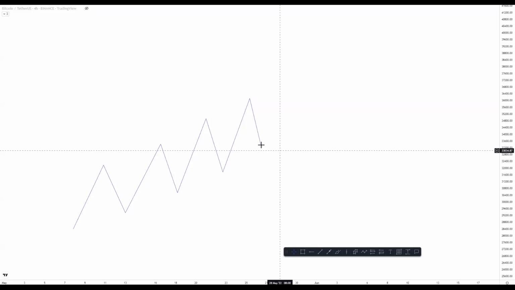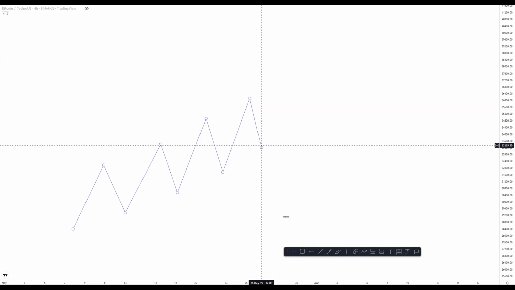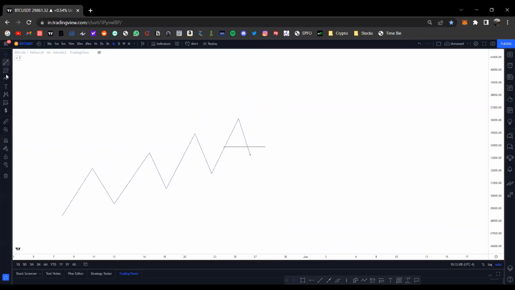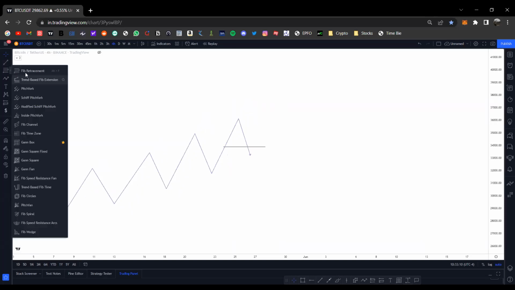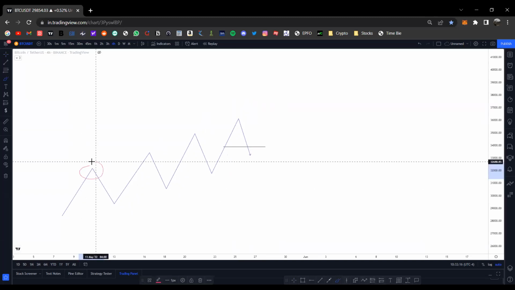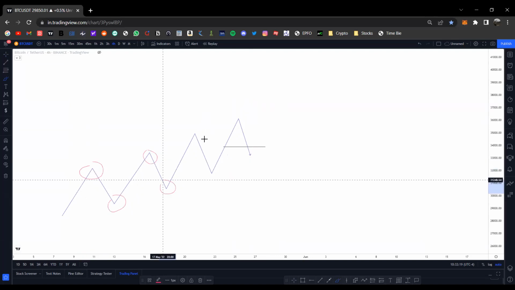So what happens most of the time is that price trades inside the 50% of the range. Okay, so for instance, this is your range: swing high, swing low, swing high, swing low, then another swing high, then another swing low.